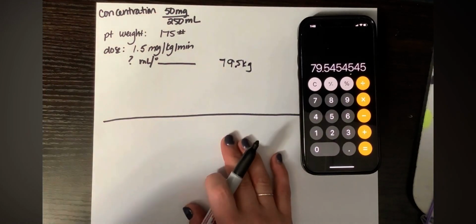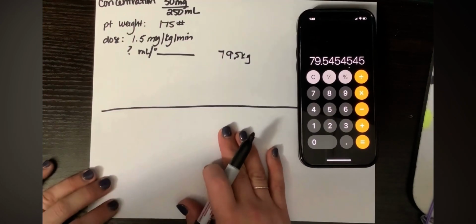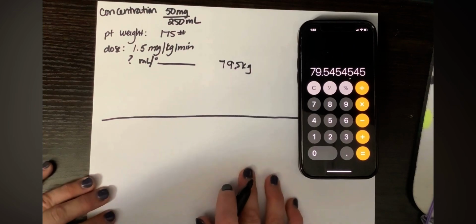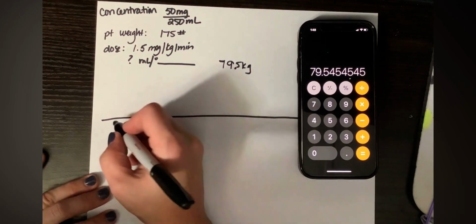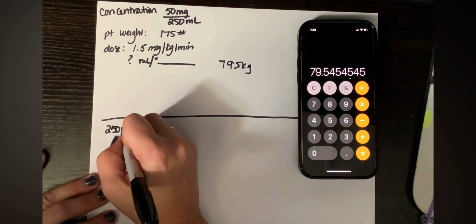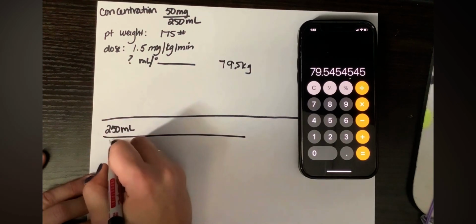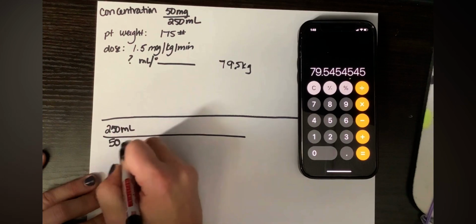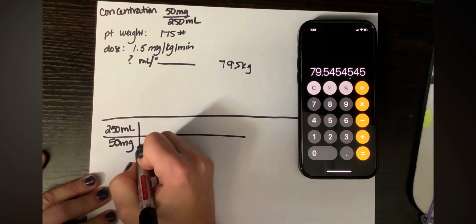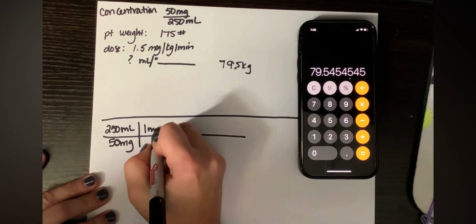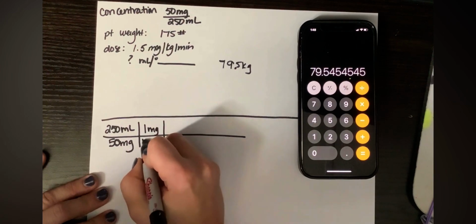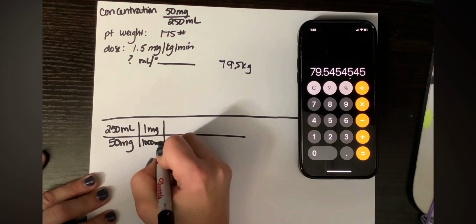Let's practice it with just the pounds. So we start where we want to end. Our concentration is 50 milligrams and 250 mLs. So 250 mLs, we want to end with mLs, and 50 milligrams. So 1 milligram, 1,000 micrograms.